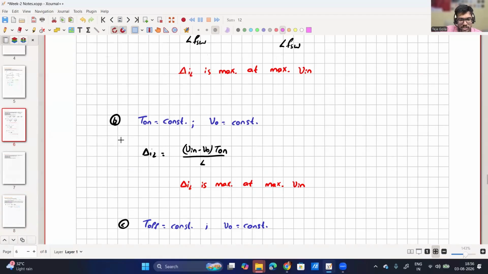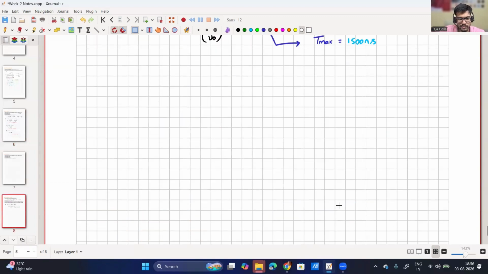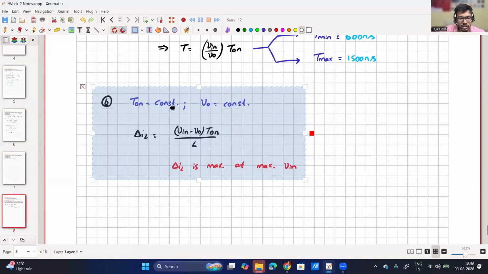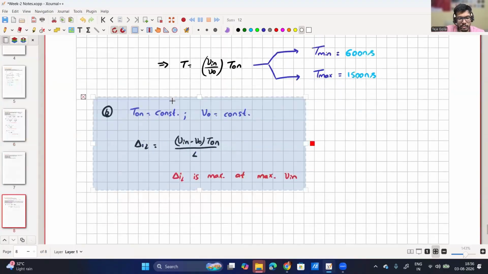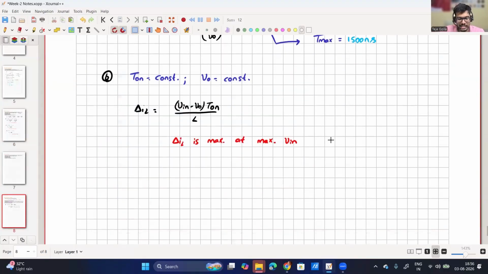Yes. So let us just copy paste this, or I'll copy paste the entire B part. So I'll have to solve for maximum input and then calculate the inductance at this value. Okay. So my delta IL is given to be 30% of 20 amperes, which is 6 ampere, equals V in is 15, V naught is 1, on time is 100 nano.